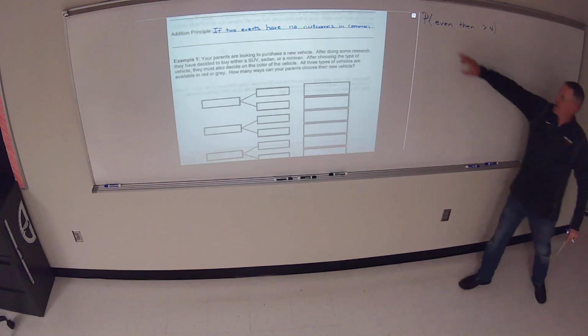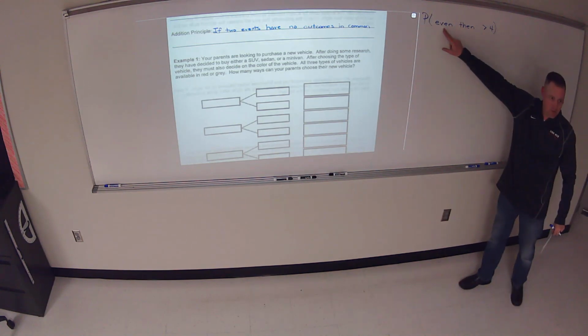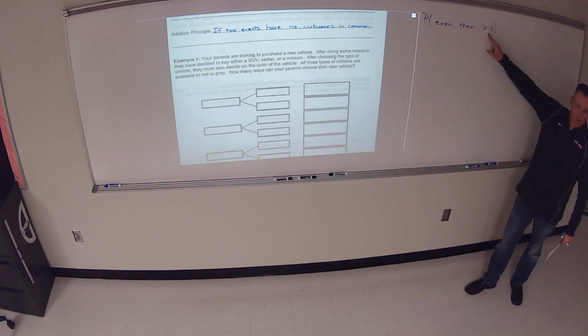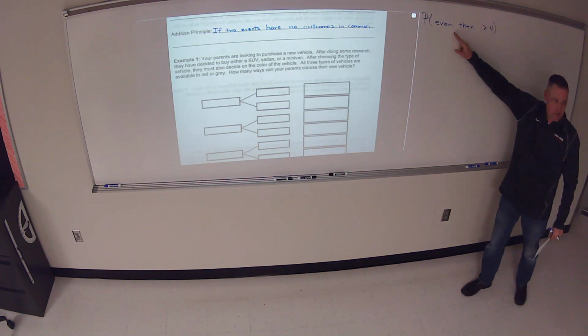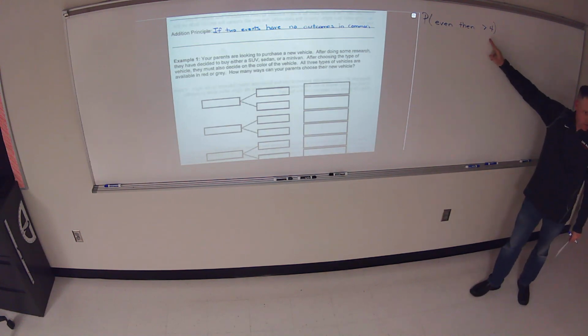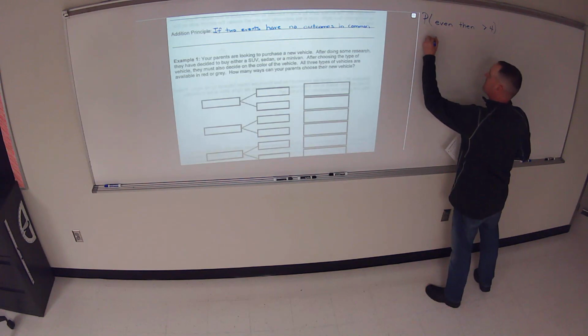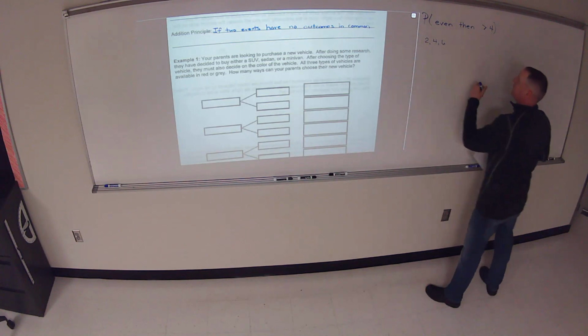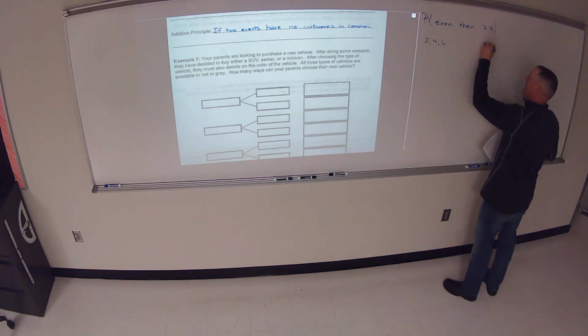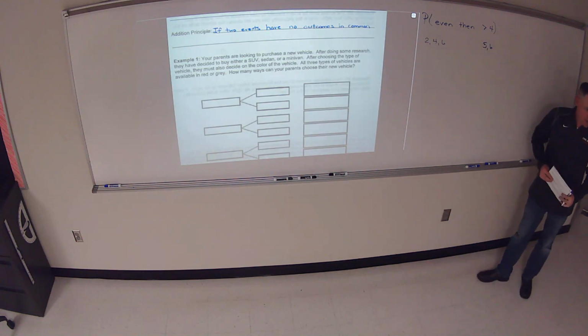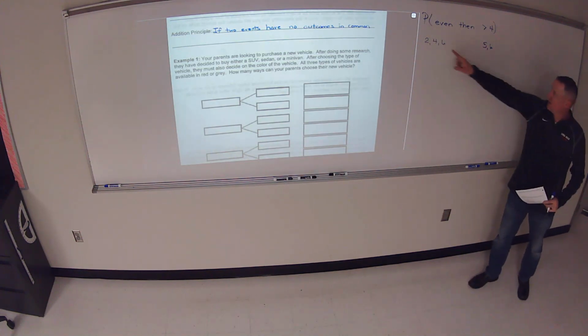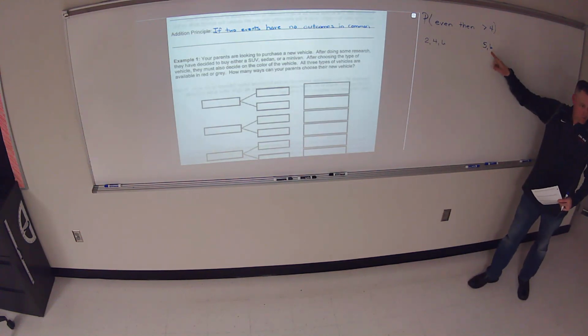Think about the first one, probability that I roll an even, probability that I roll a number greater than 4. Do these have any outcomes in common? And the answer is yes. Because what numbers are even? 2, 4, and 6. What numbers on that die are greater than 4? Do they have any common outcomes? Yes. Those two numbers have a common outcome.